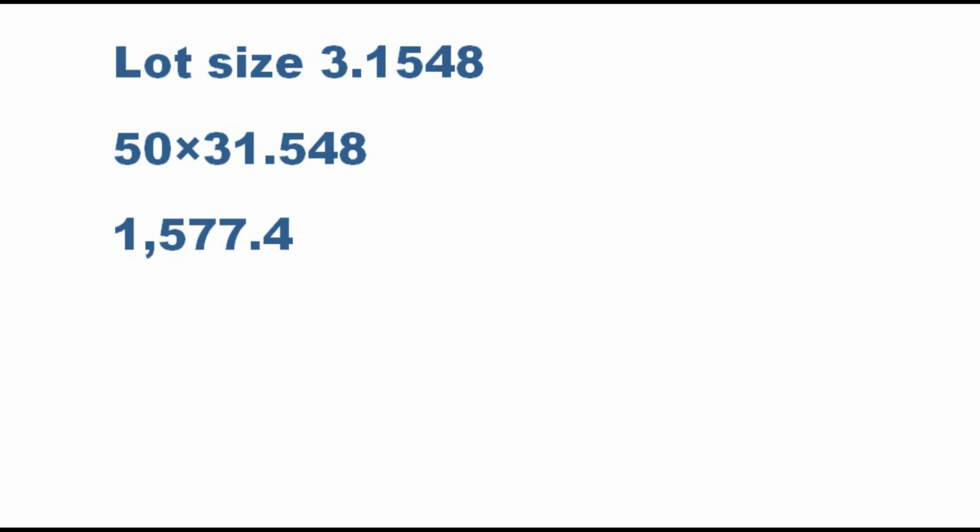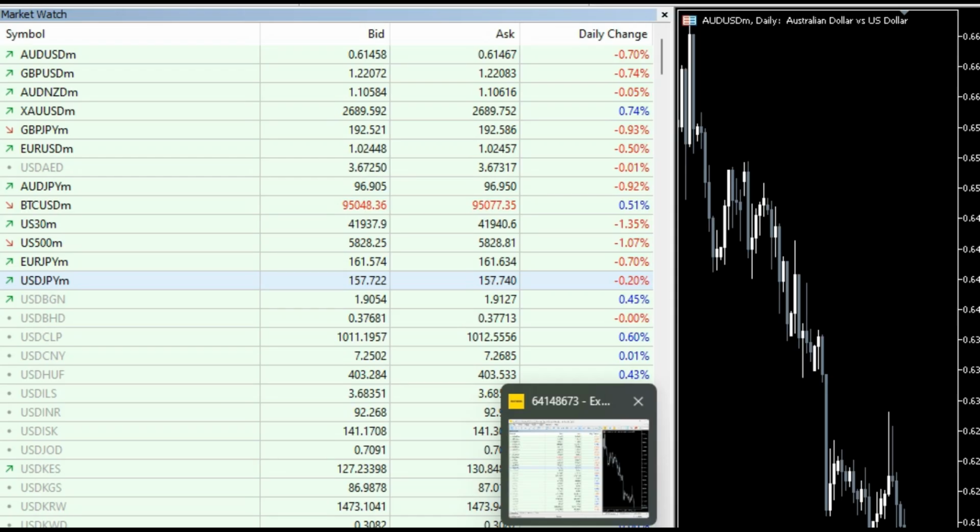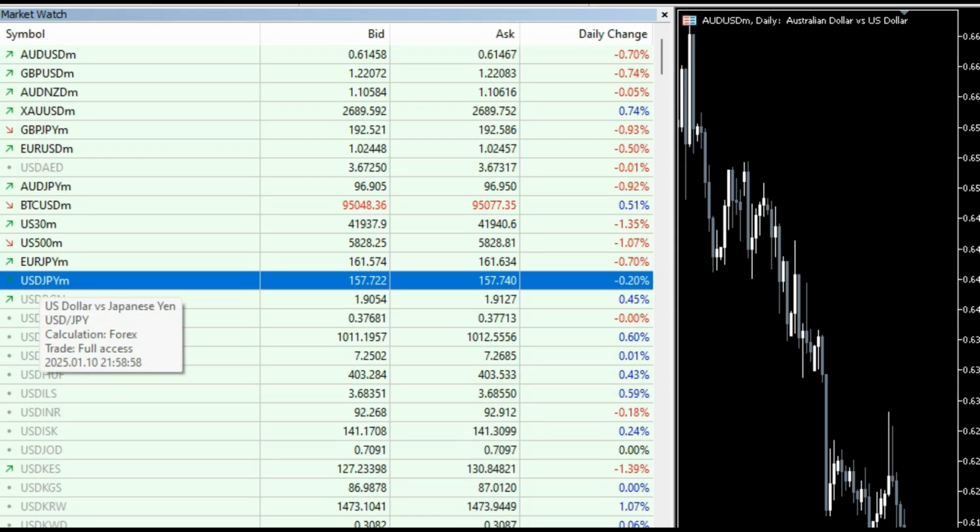So let us convert this back into US dollars to prove the formula. We divide this by the ask price.